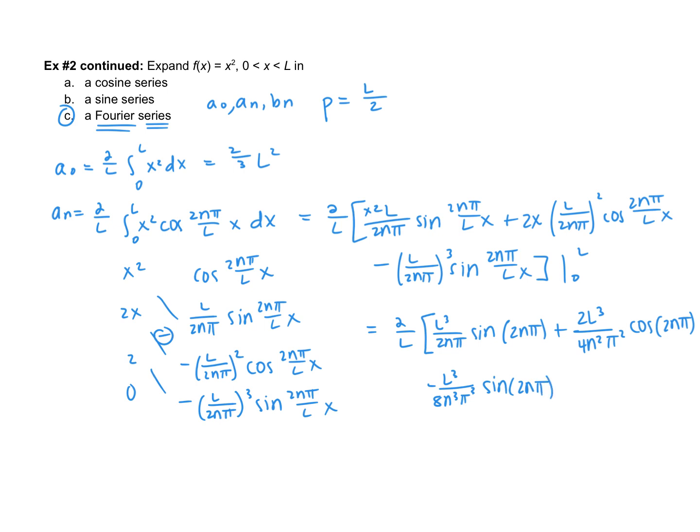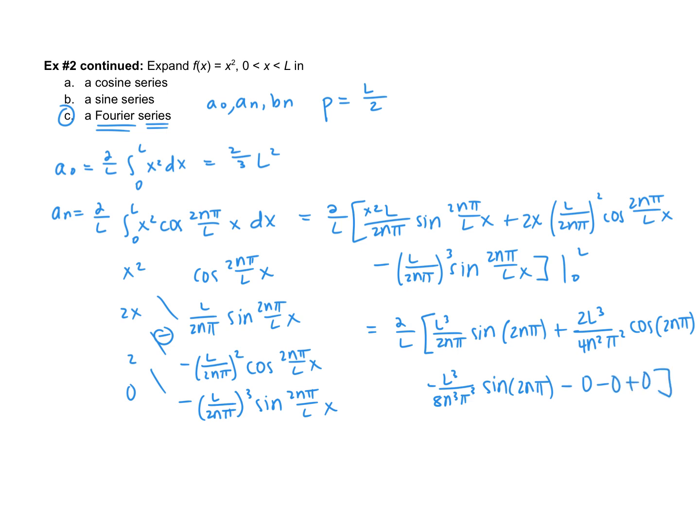So all of that was when I substituted in the L. Now when I substitute in the 0, this x will give me 0, this x will give me 0, and then if I plug in 0 for x here, I get sine of 0, which is just 0. So I end up subtracting 0 and 0 and 0.